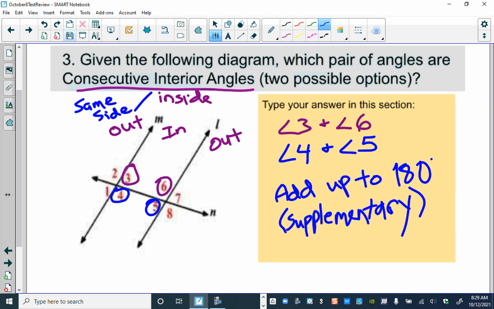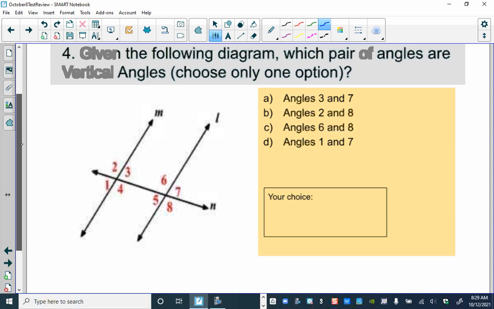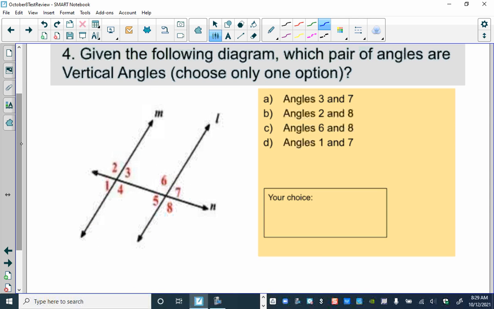Now, the next three are going to be a little different because only one choice works. Vertical angles. They're not necessarily inside or outside, but vertical angles are directly across. That's the key.